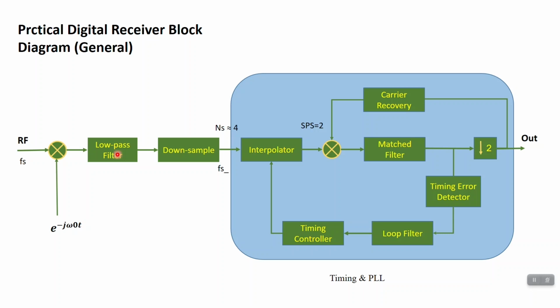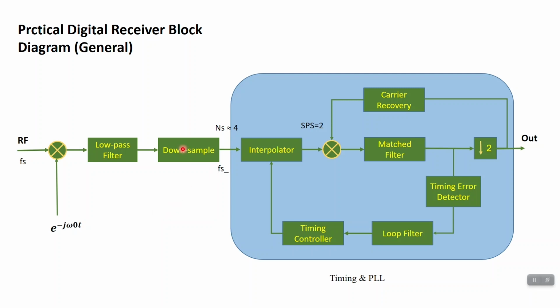After the low pass filter, you can downsample and decrease the sample frequency if your number of samples per symbol is too high based on your signal symbol rate or signal bandwidth.